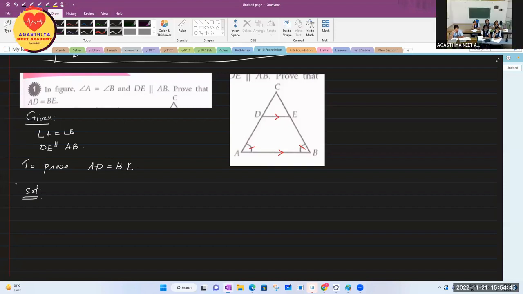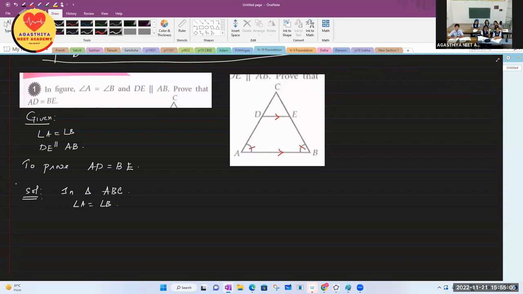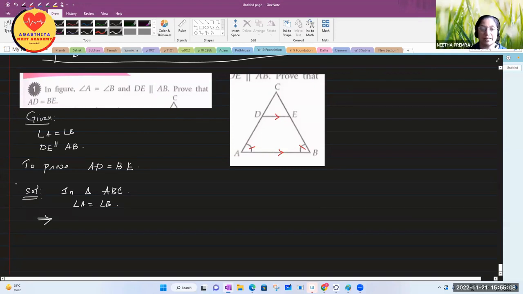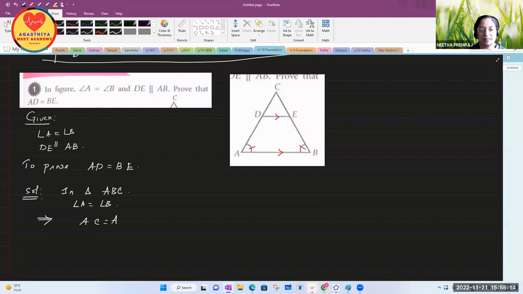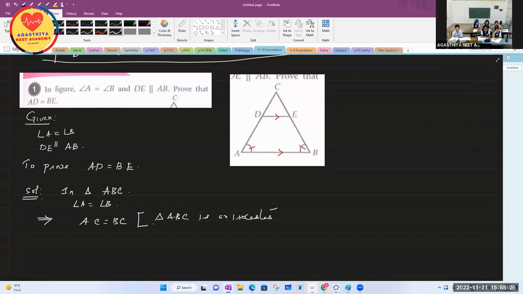See, if you consider triangle ABC, in triangle ABC, angle A is equal to angle B, isn't it? So what kind of triangle is this? Isosceles. So which implies AC is equal to BC, because triangle ABC is isosceles.